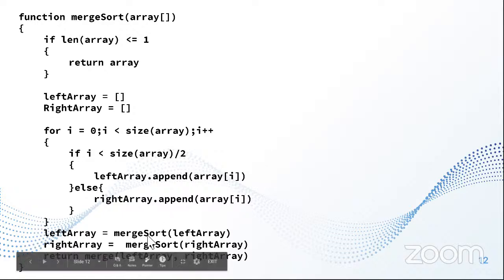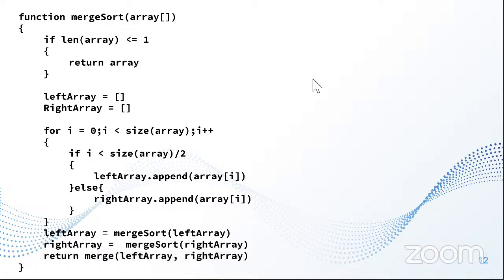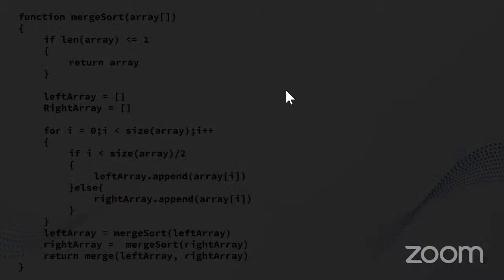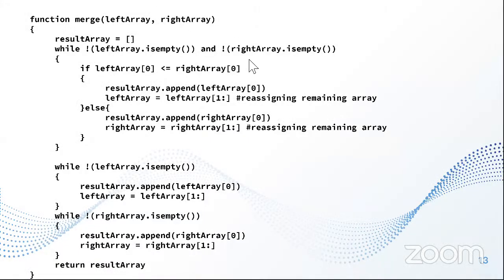And then at the last stage, when the return condition goes back to this place, it will call the merge function. As you've seen, after we've split so much, we've finally been able to merge. And how do you merge? As I've shown you in the previous example, we check if both the arrays are not empty. This is actually Python syntax, but there are ways to check if your array is empty in other languages as well.